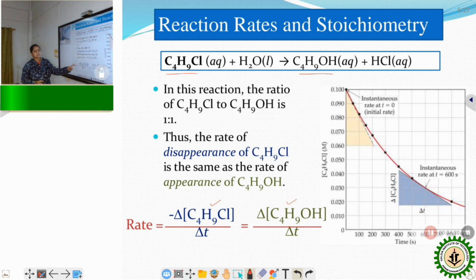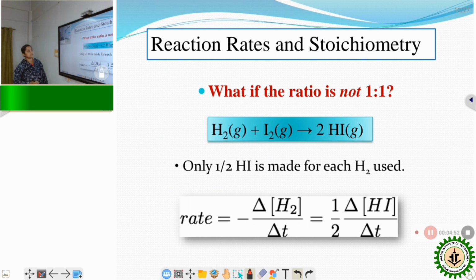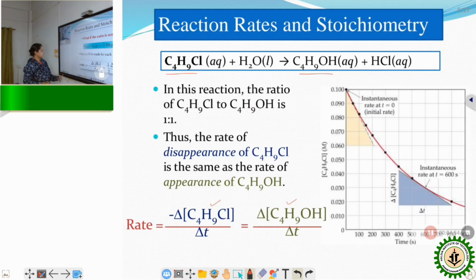The negative sign indicates that the concentration of the reactant molecule is continuously decreasing, so there is a negative sign when we represent the rate with respect to the reactant, whereas the concentration of the product molecule is continuously increasing, so there is a positive sign. But in all these cases, the stoichiometry of the reactant is 1:1.